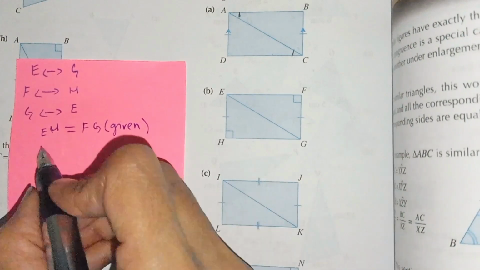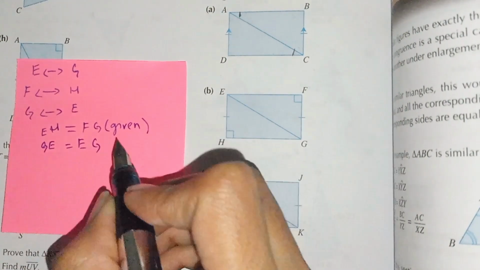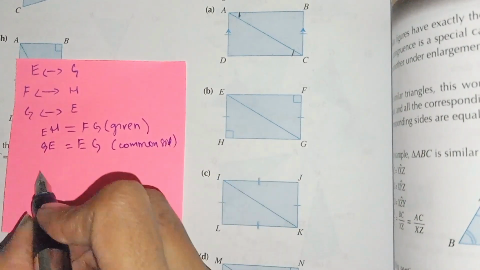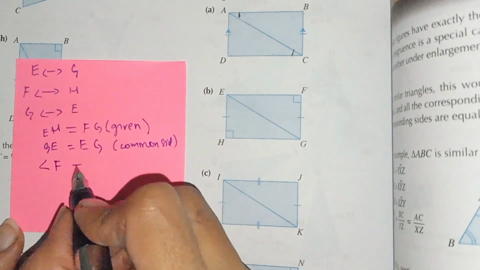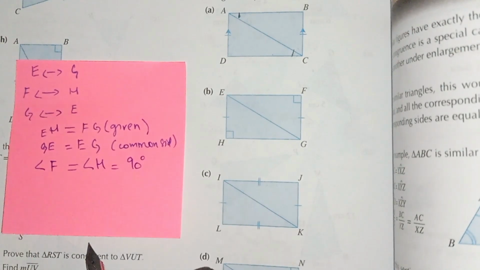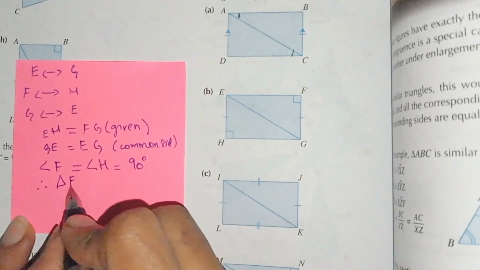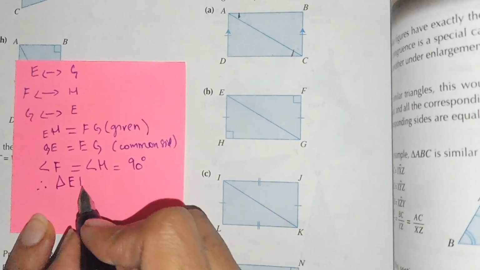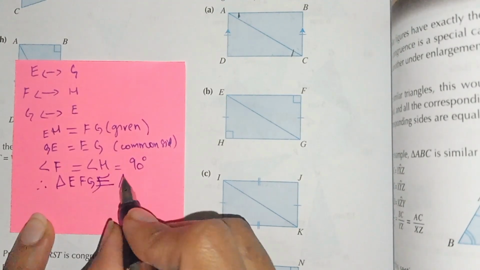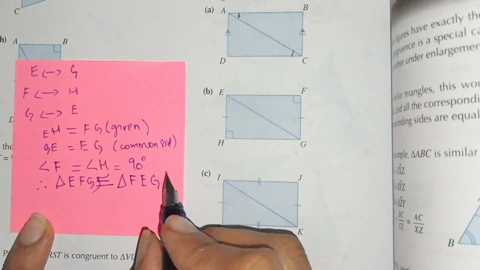And now EG, GE, EG, that is a common side, and angle F is equal to angle H, and both are equal to 90 degrees, and therefore the triangle EFG is congruent to triangle FEG.